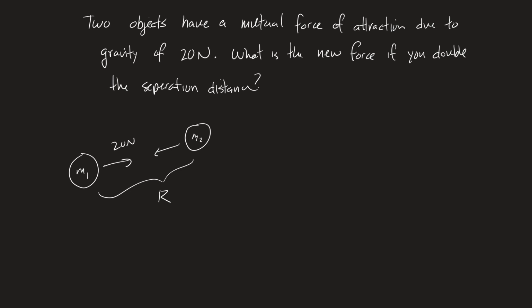Okay, you have to know which formula we're dealing with here. Do you guys know which formula we're dealing with? Okay, so this is going to be the one we talked about on Friday, Newton's law of universal gravitation. We know that because it says their mutual force of attraction due to gravity. And we know that this equals 20 newtons. Now that's what we're starting with, but we're going to follow the same process.